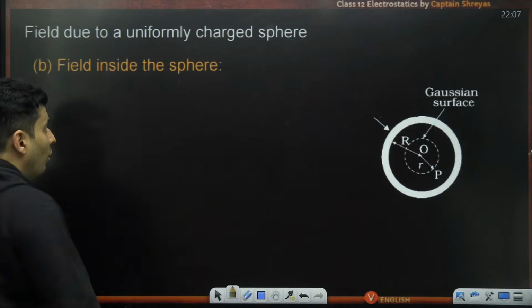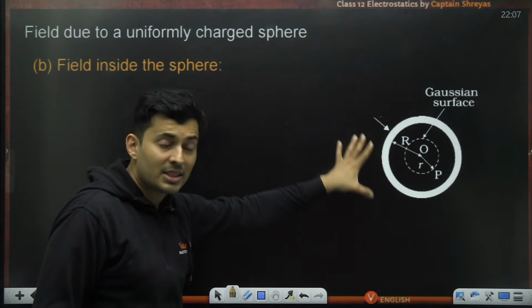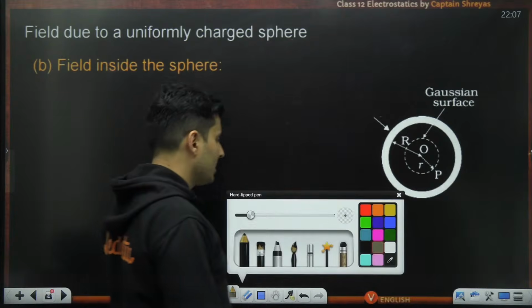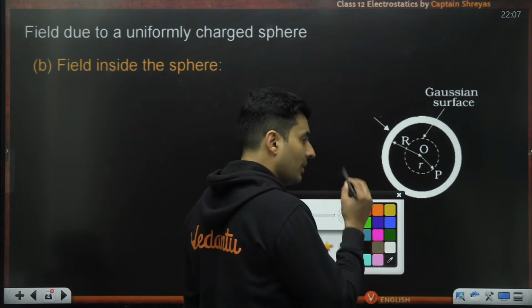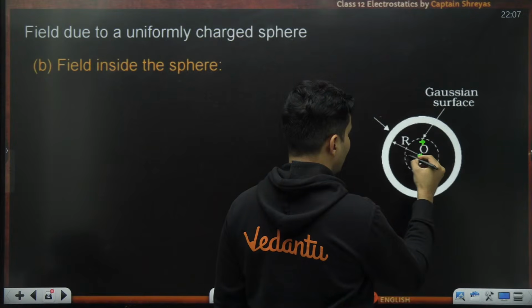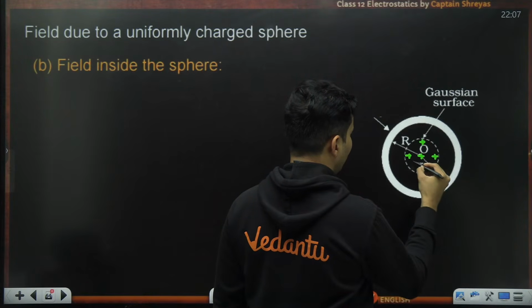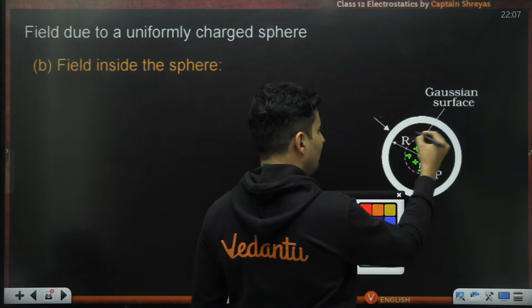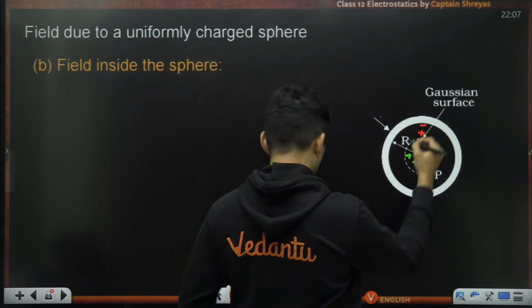But the moment you take a sphere which is uniformly charged, things will begin to change, because there will be some charges which are present inside our Gaussian surface, whereas some charges are not.